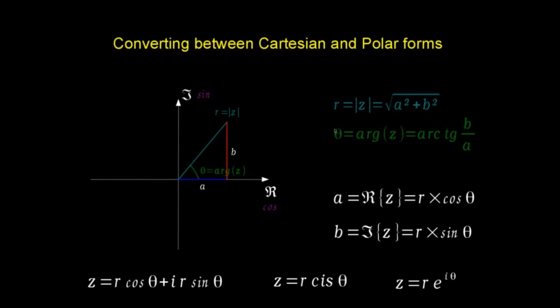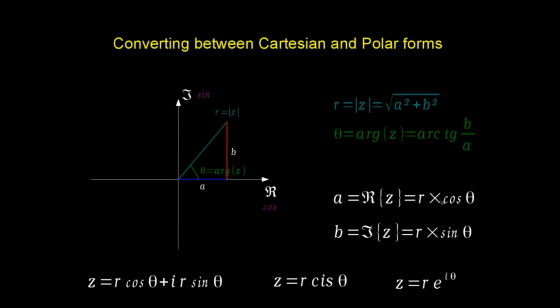So we have here theta, which is the argument of our complex z, equal to the arctangent of b divided by a. Again, recalling these definitions, the cosine of an angle theta will be the adjacent side divided by the hypotenuse.